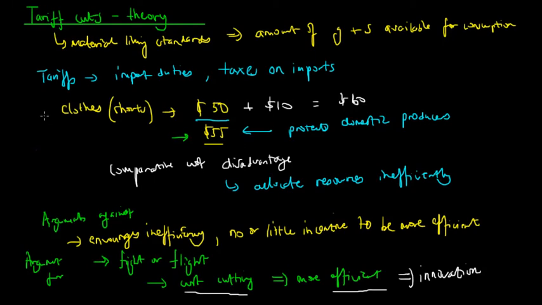And our consumers, by the same token, are better off, because we are paying less money to purchase the same good or service. So by liberalizing our trade through tariff cuts, in theory, our material living standards should improve, and as well our efficiency in both production and resource allocation.